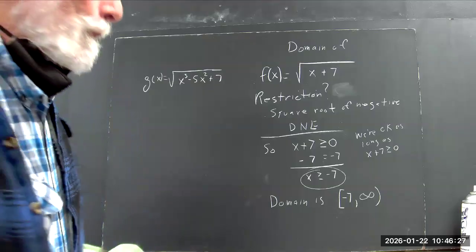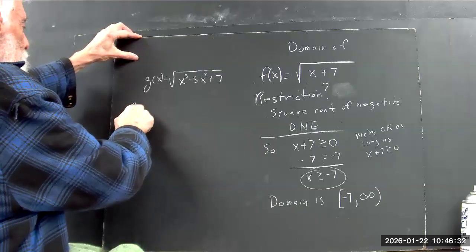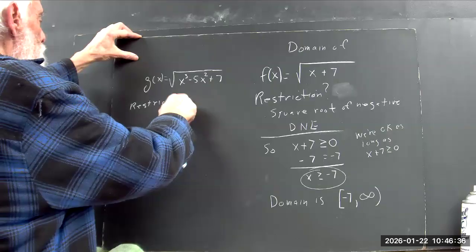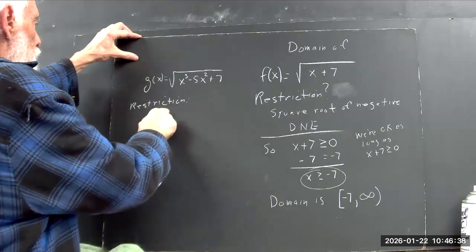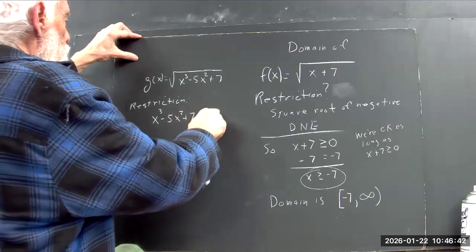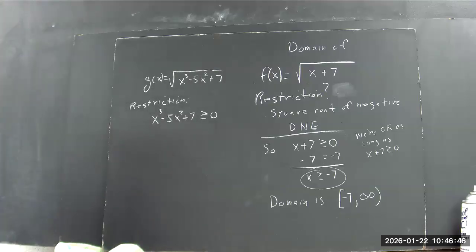Okay, restriction: x cubed minus 5x squared plus 7 has to be greater than or equal to 0. All you have to do is solve that inequality. And what I'll say about that is lots of luck.